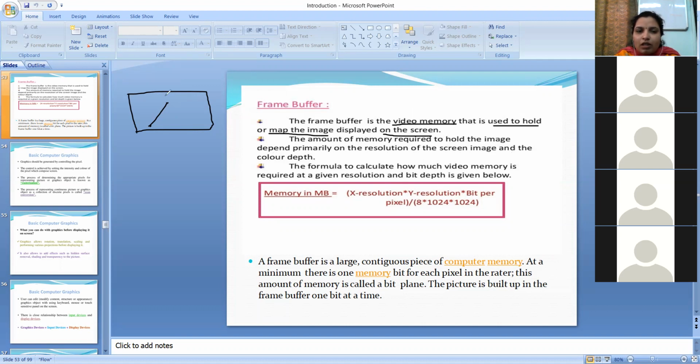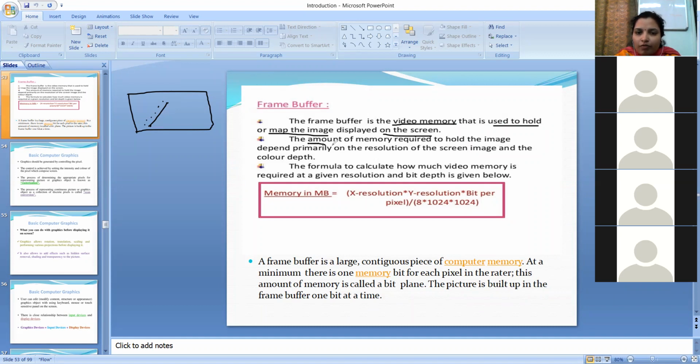So here, if the resolution is low, consider this line is made up of only 6 points.